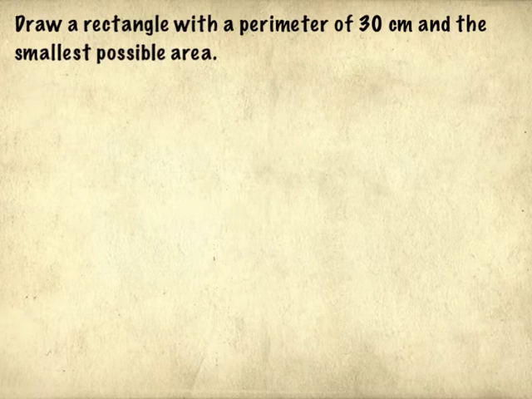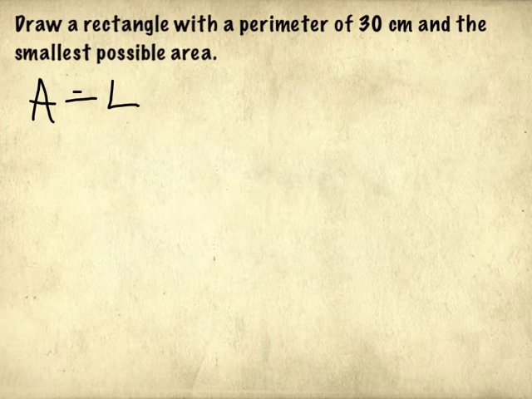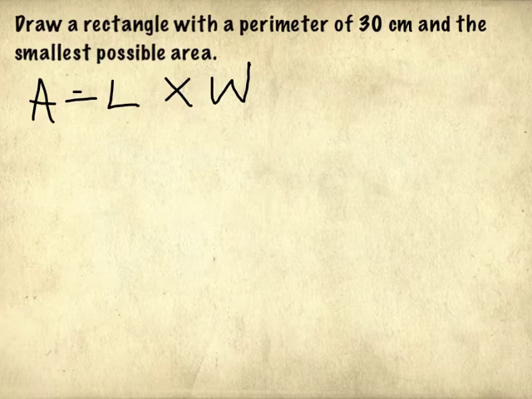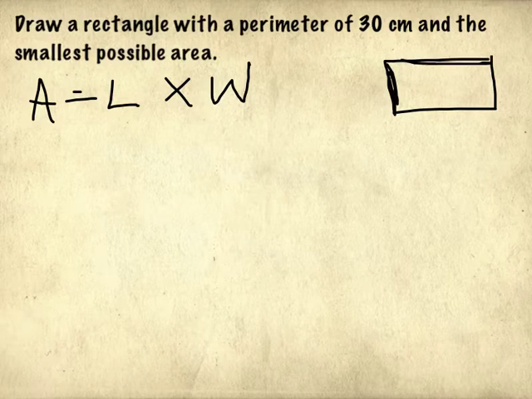So now here's a bit of a challenge for me. I'm asked to draw a rectangle with a perimeter of 30 centimeters and the smallest possible area. So what I'm going to do here, I'm going to remember that area is length times width. I don't know the area. The perimeter is 30 centimeters. I do know the perimeter, which is 30, but remember that the perimeter is all 4 sides added up, whereas area only uses 2 of the sides.